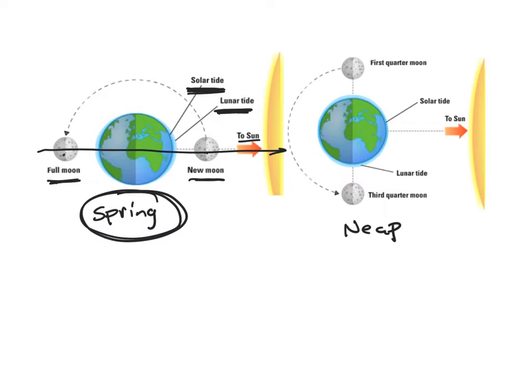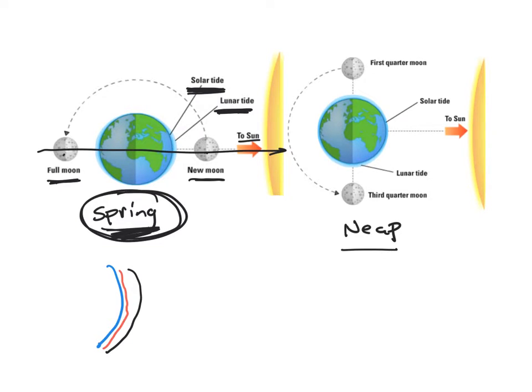So that means that if we look at the earth here, we're going to have the solar tide, which is going to be a smaller bump here, but added to that the larger bump of the lunar tide. So because both of them are together, it's going to be a greater tide, and that's what we call our spring tides.